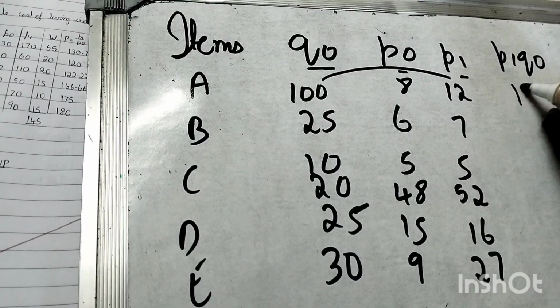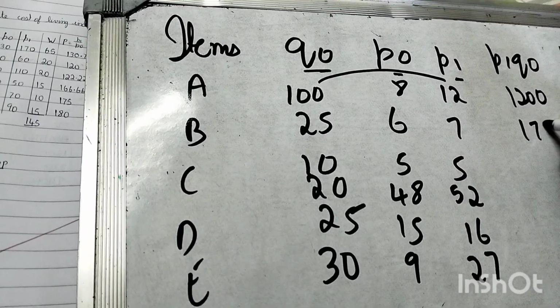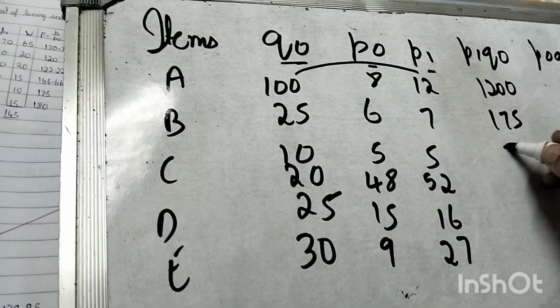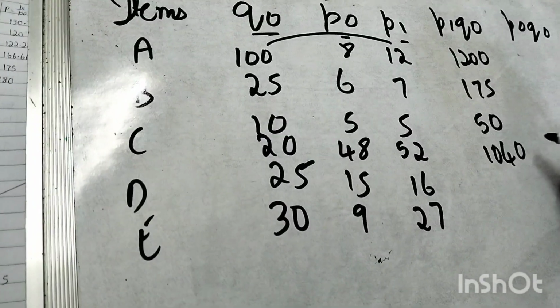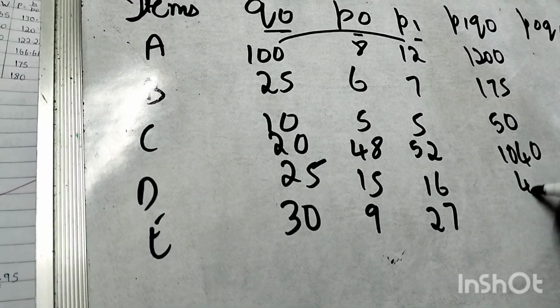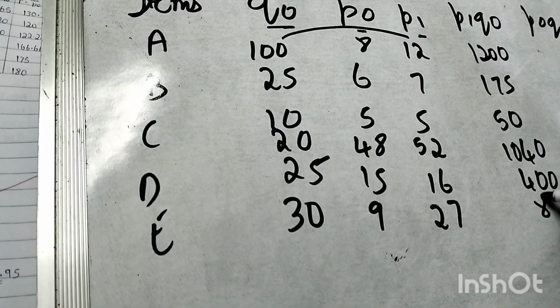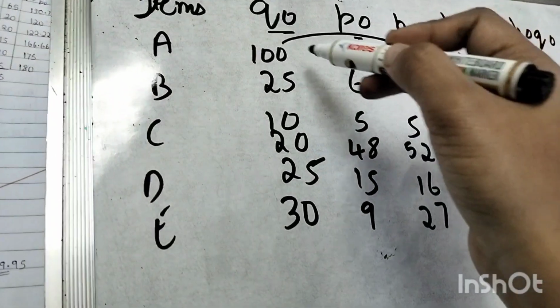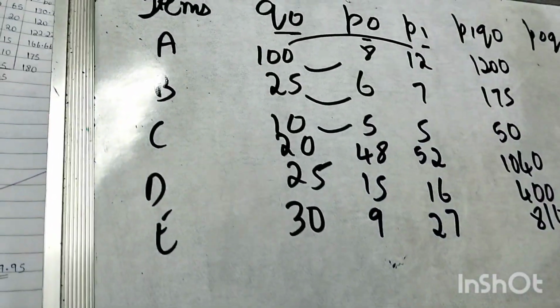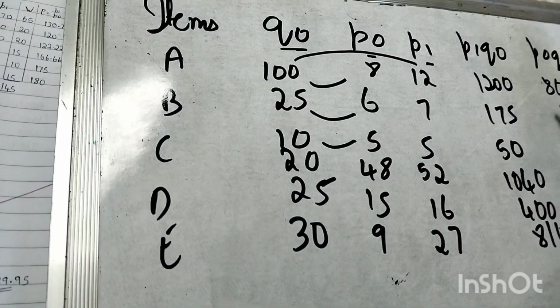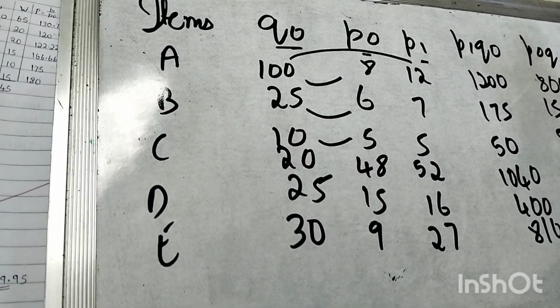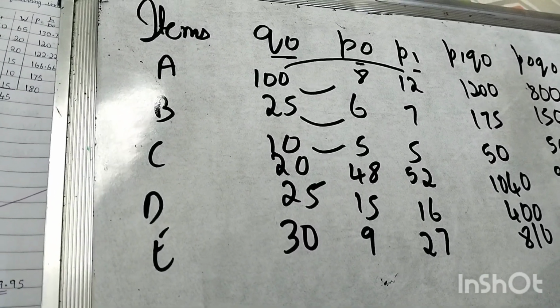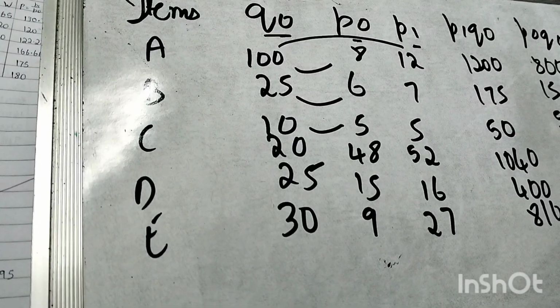So that's 1200, 175, 10 into 5, 50, 20 into 52, 1040, 400 and 810. P0 Q0, just multiply these two. Okay, 100 into 8, 800, 25 6, 150, 10 into 5, 50, 960, 375 and 270.